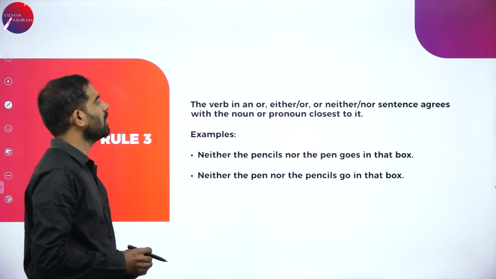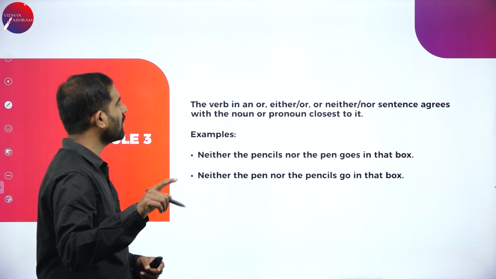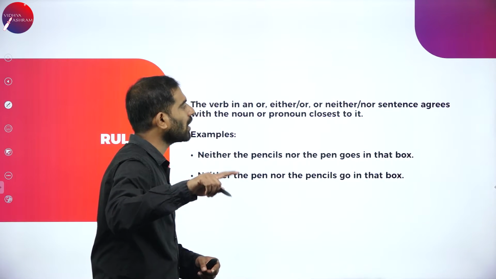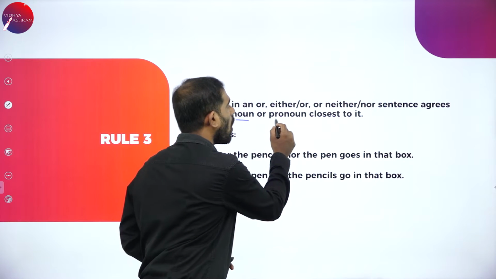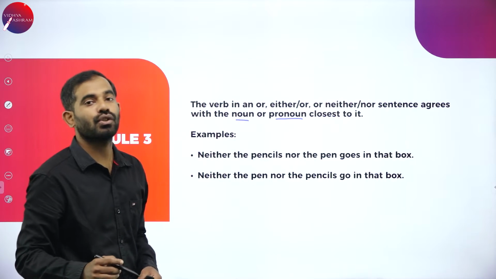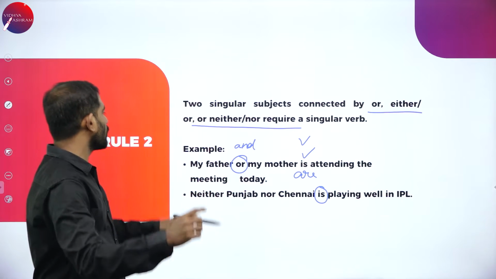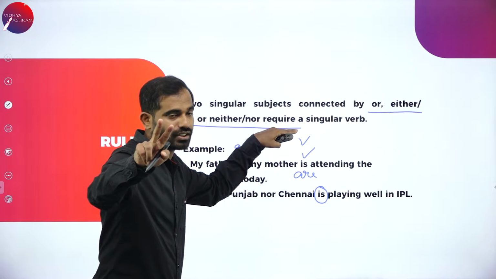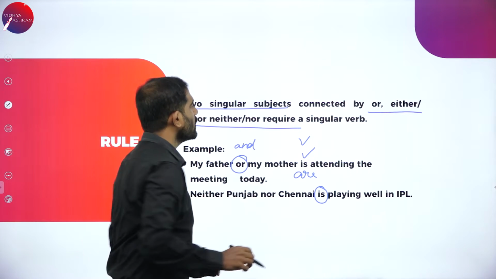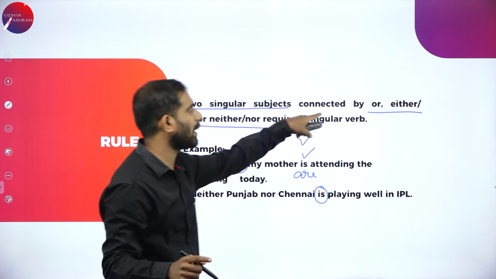Rule number 3: the verb in an or, either-or, or neither-nor sentence agrees with the noun or the pronoun closest to it. Just go back to rule number 2. Observe this: two singular subjects connected by or.